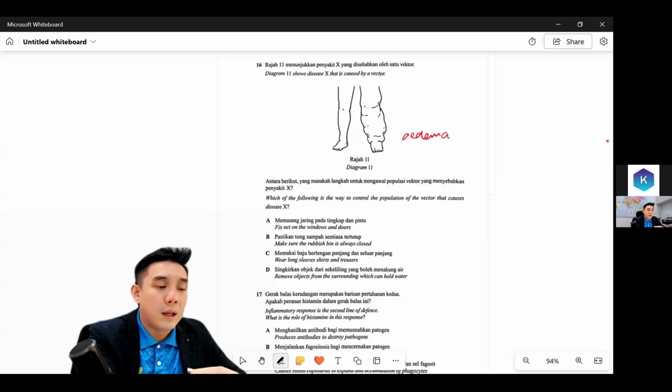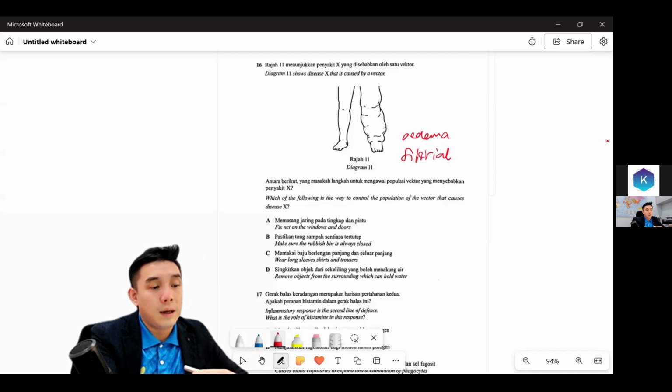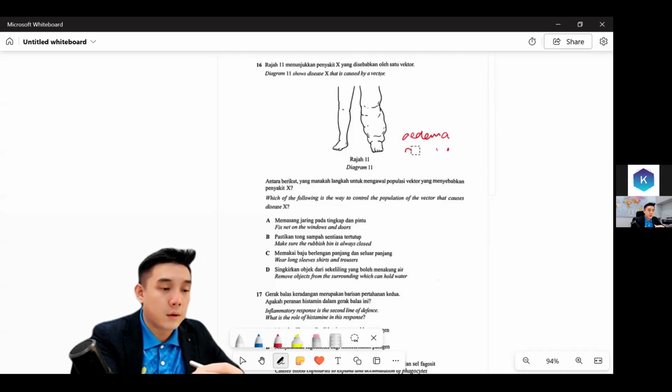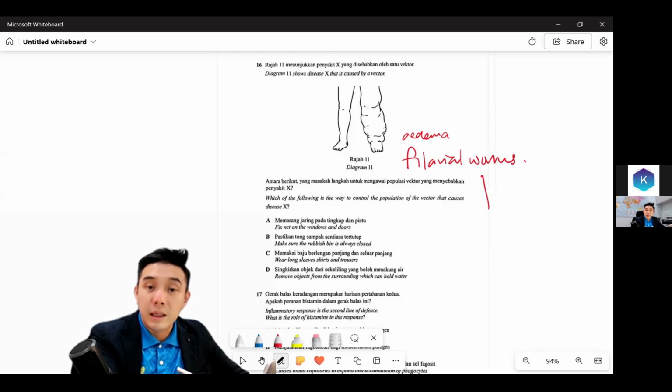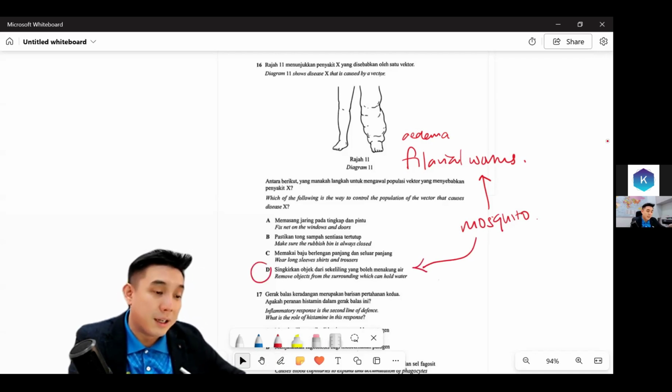It is due to filarial worms. And this worm is carried by mosquito. So that is why the answer is donkey. Remove objects from the surroundings that can hold water.